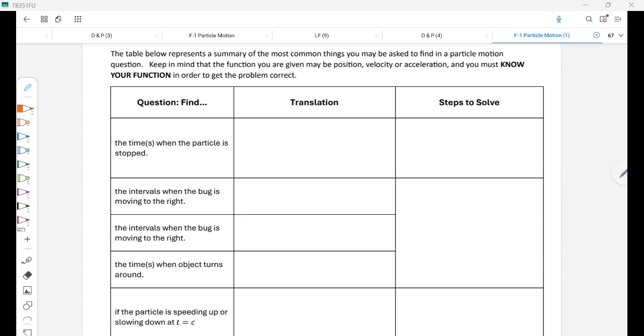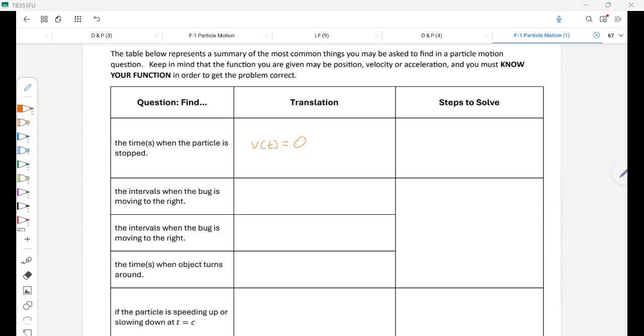So for example, with number 1, the way I fill this chart out, the times when the particle is stopped, the particle being stopped is equivalent to saying that v of t equals 0. If you said x of t equals 0, you'll probably get the wrong answer. If you said a of t equals 0, you will probably get the wrong answer. Know your function. If the particle is stopped, it's velocity. Don't use pronouns. Don't say it's 0.